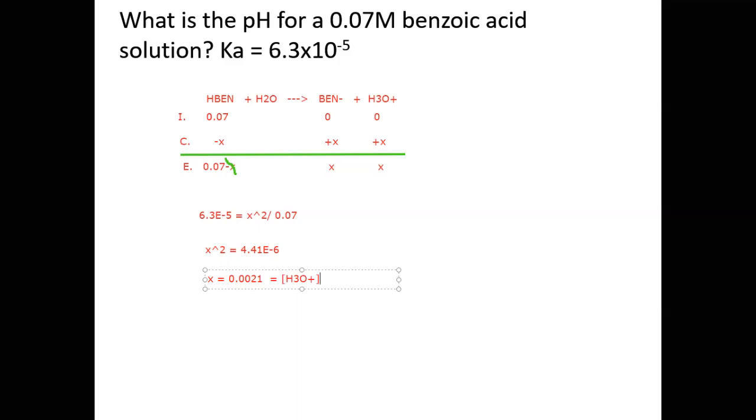Negative log, second answer. So the pH equals negative log of 0.0021 equals 2.68. That's the pH of this benzoic acid solution.